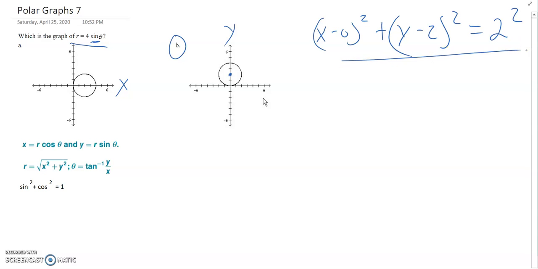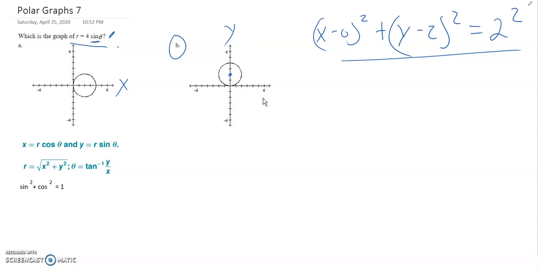I'll do that at the end of the video if we have time, but the short way is to know that for any equation of a circle on a polar graph in this form, r equals 2 cosine theta or 10 sine theta, sine is going to be vertical, cosine is going to be horizontal.